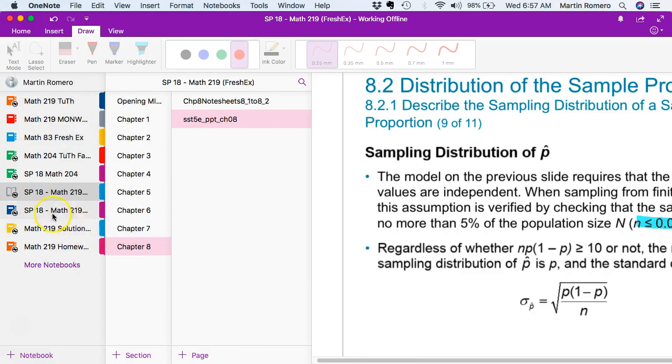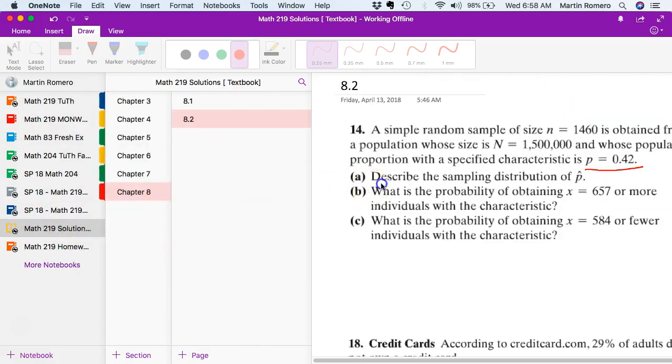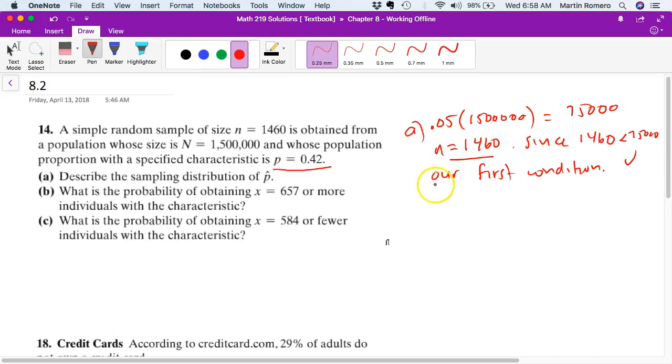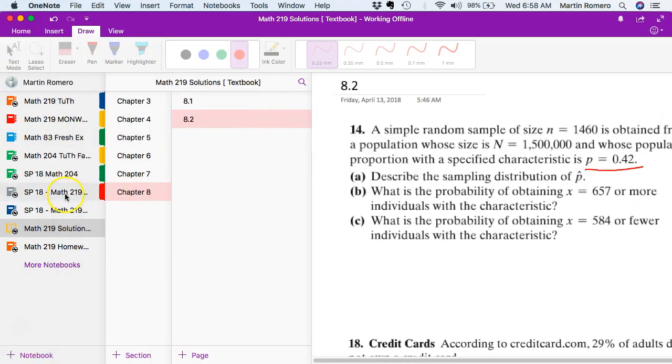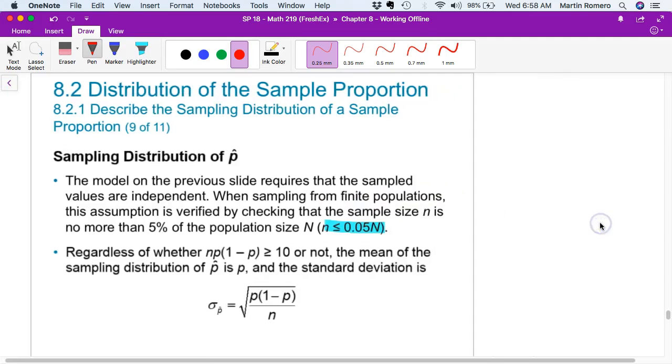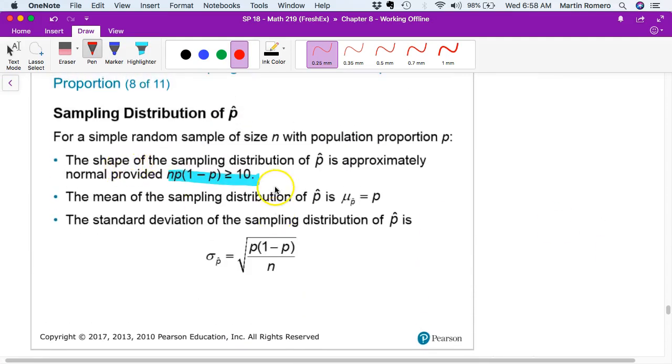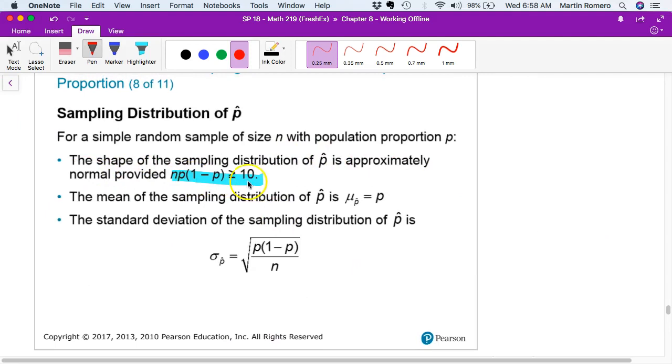So that's one condition met. The next thing we're looking at is n times p times 1 minus p, which has to be greater than or equal to 10. Again, that was this condition from your notes: the shape of the sampling distribution is normal, provided that this is true.